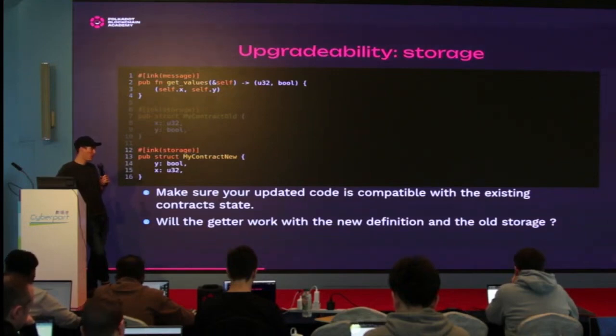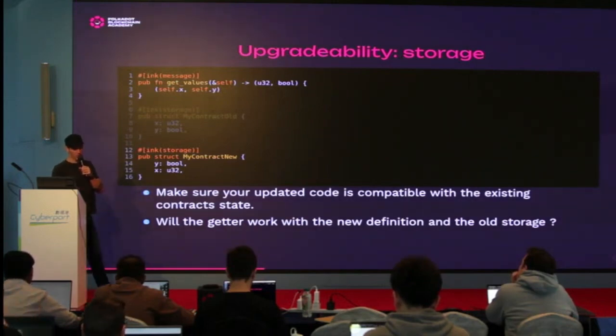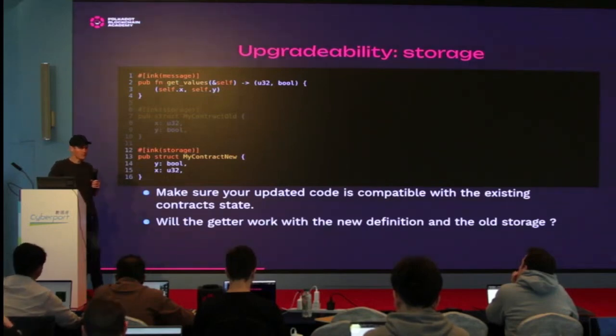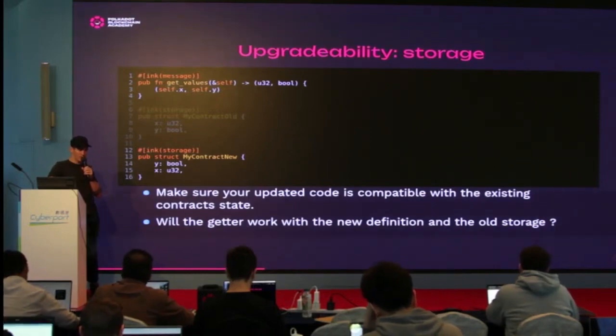Oh, it will compile. That's the problem, right? Types are the same. X is a U32, Y is a Boolean. Oh, I see. Okay, it will compile, but just because you changed the order of them, then it would break, just because of how the codec works.